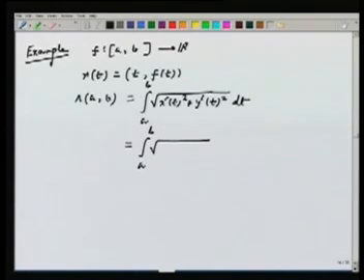Because x(t) is t, x prime t is 1, and y(t) is f(t), so y prime t is f prime t squared. So when the curve is given as a graph, the length of the curve turns out to be the integral from a to b of the square root of 1 plus f prime t whole squared dt.